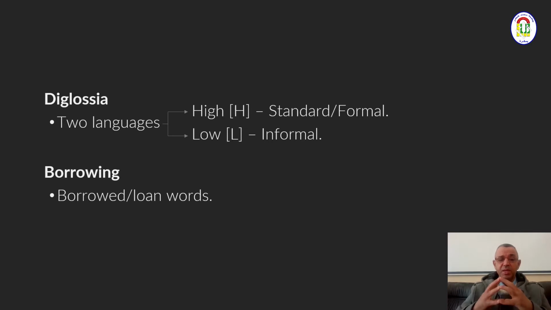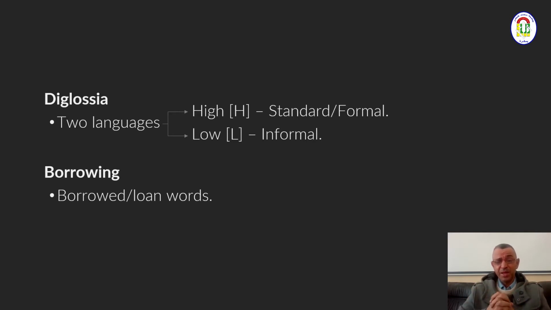Diglossia generally has to do with the same language, where a speaker may use two types of this language. Generally, when we talk about diglossia, we talk about the use of the formal language and the informal language.